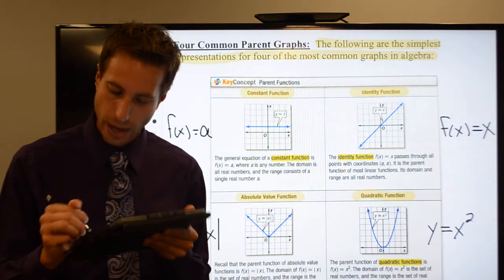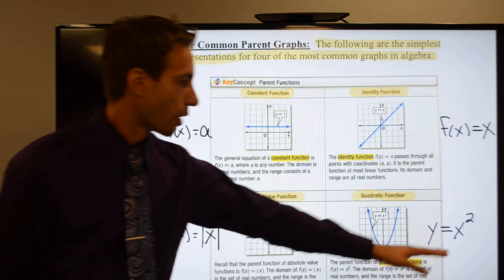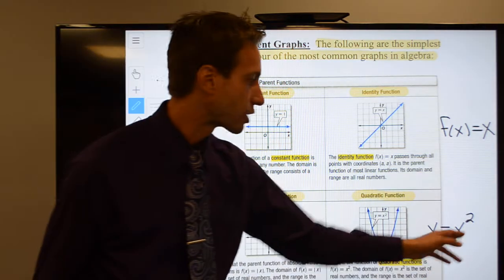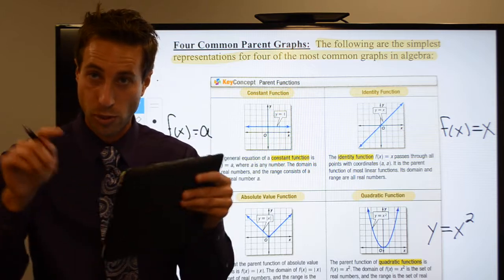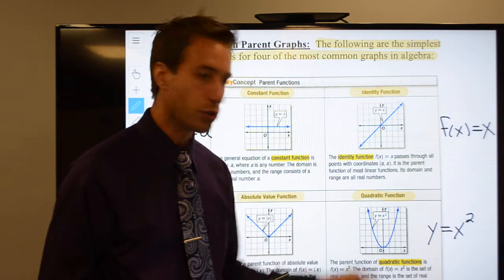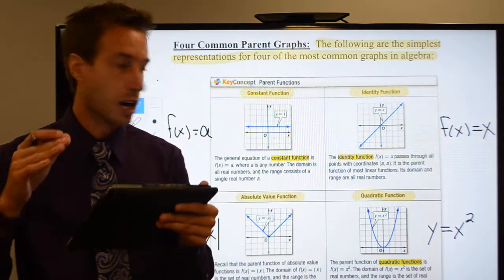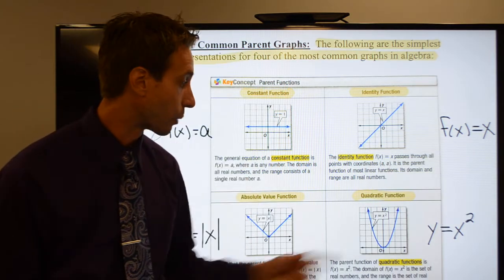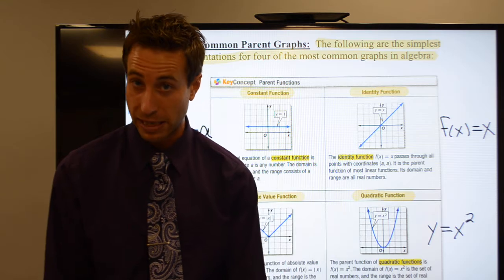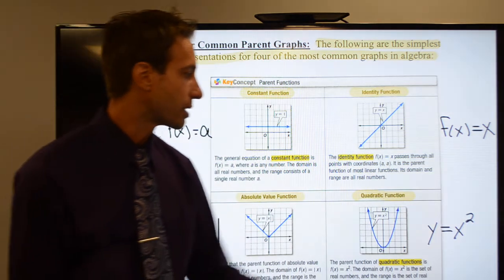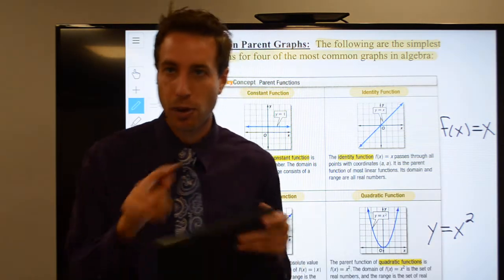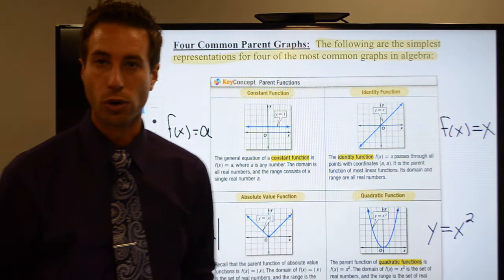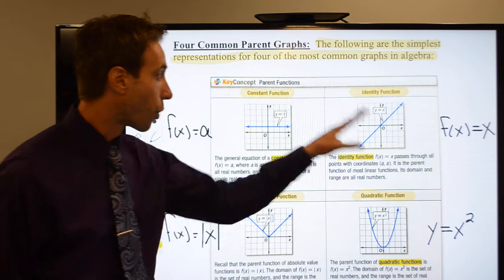There's your quadratic function. Anytime you have an x squared, we call it a parabola, a U-shaped graph. It could be a parabola opening up, like we've got here, or a parabola opening down. But anytime you just have y equals x squared, it'll always be a parabola opening up, centered right here at the origin. That takes care of the four basic functions.